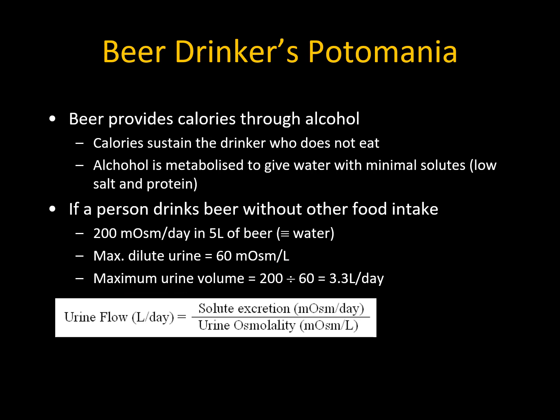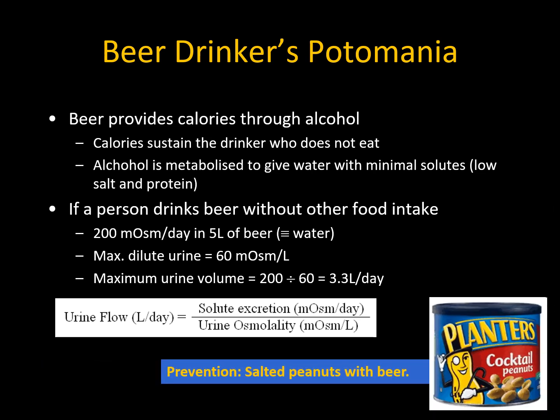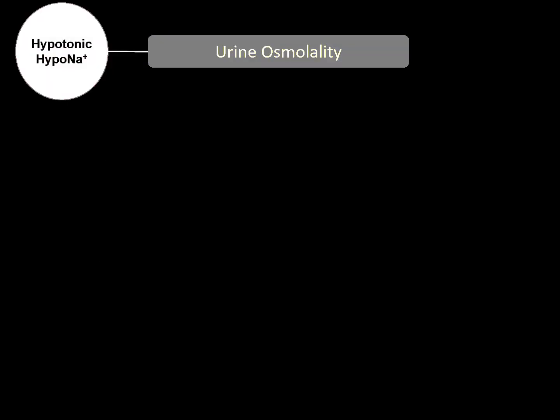This is further aggravated by a reduction in ADH secretion in heavy alcohol drinkers. The prevention is, of course, to have some form of food intake with salt and protein, such as peanuts.